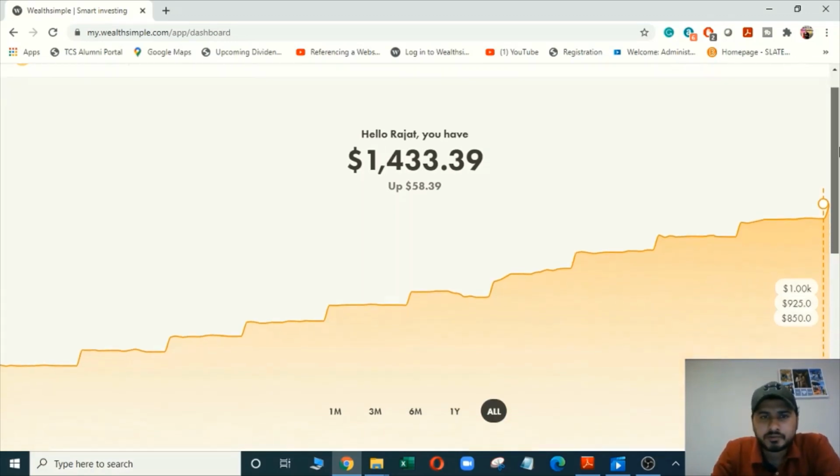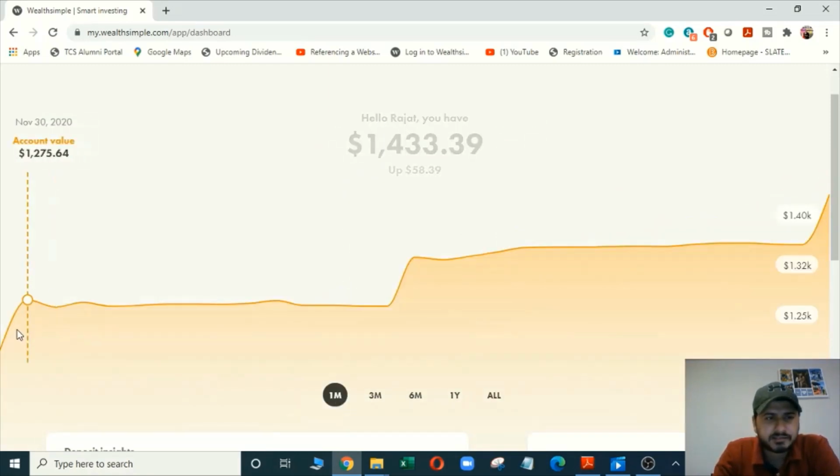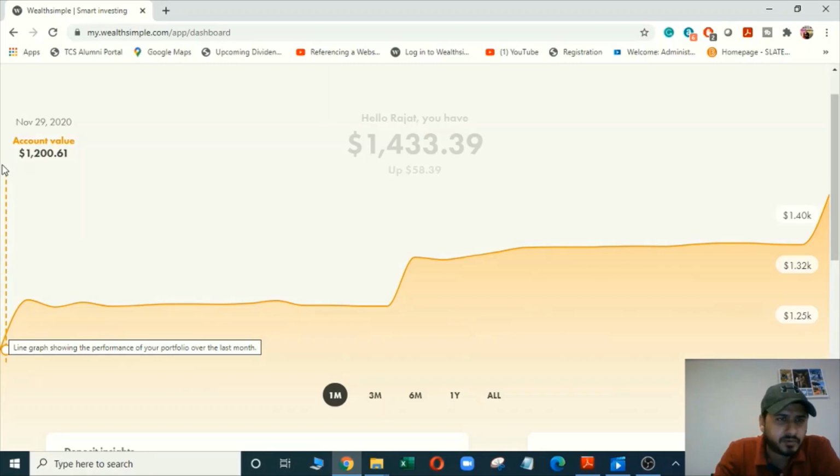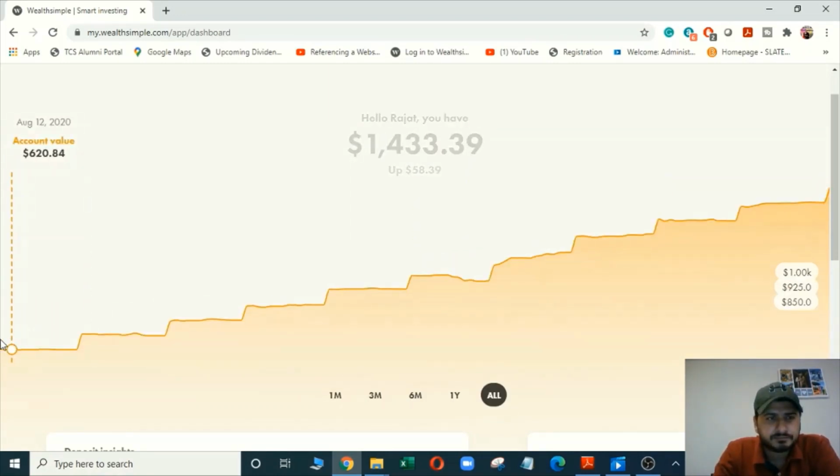As you can see, right now my portfolio is 1433 and it's up by 58 dollars and 40 cents. In one month, I started in November, as you can see. Actually, as you can see, I have started in August.